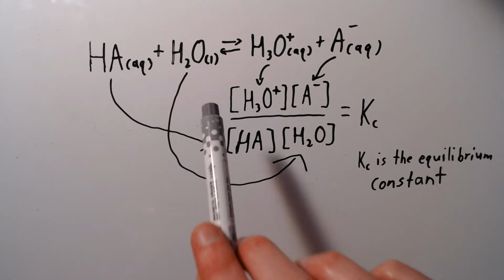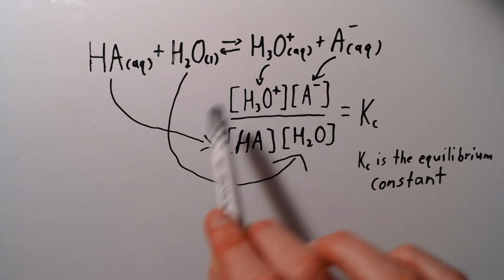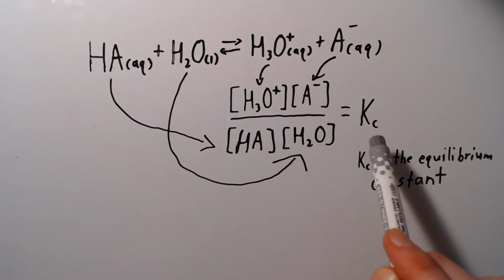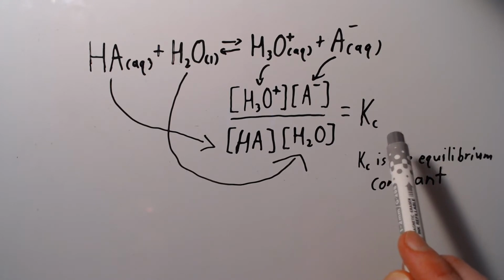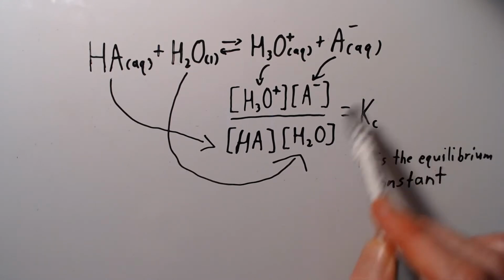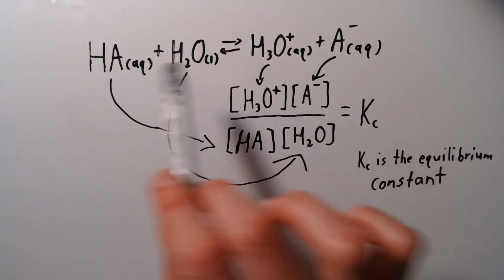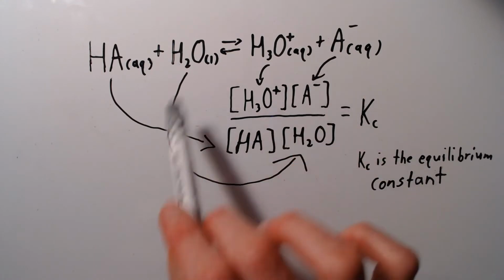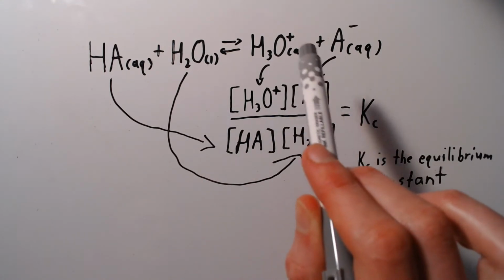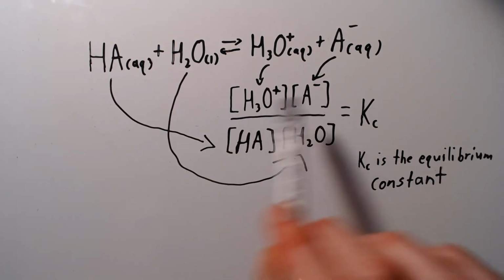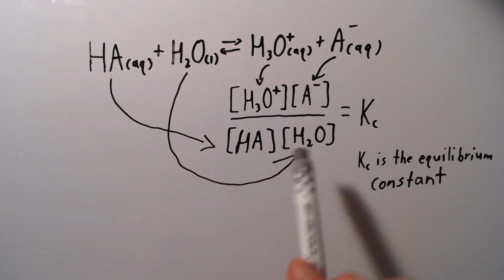So this formula right here is equal to Kc, the equilibrium constant. And the equilibrium constant basically measures how much this reaction went forward at equilibrium. Let's say it measures the ratio of the product of the concentrations of the products to the product of the concentrations of the reactants.